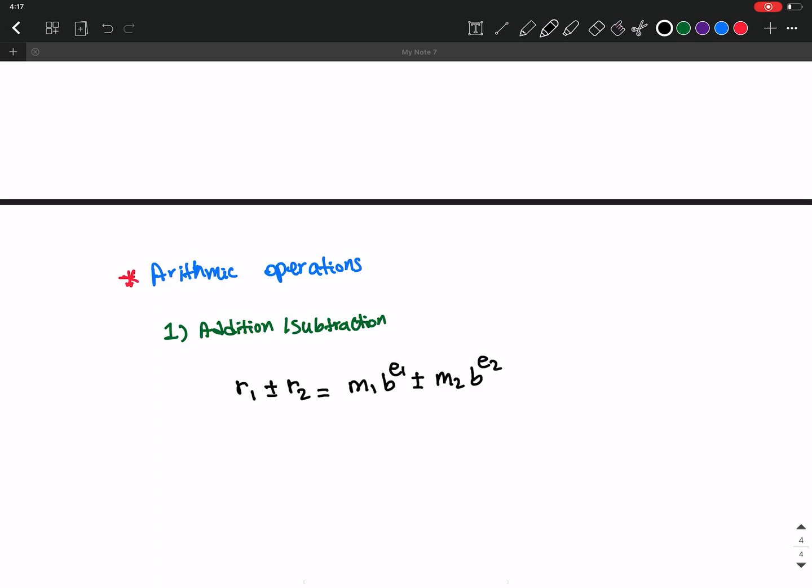So the way we are gonna do this, and I'm gonna solve an example for you to understand, we shift the mantissa of the smallest number and add or subtract.